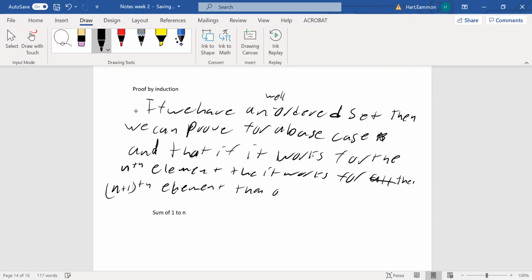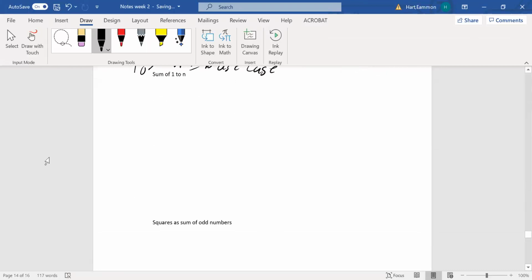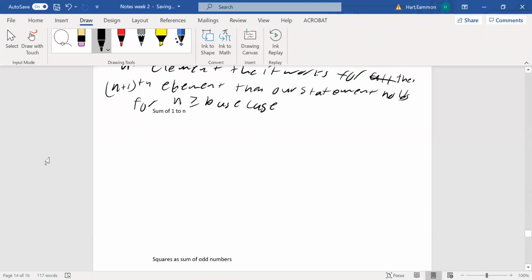And our statement holds for n greater than or equal to our base case. Sometimes we'll have things that start at 1 or 2 or 0, they don't have to start at our first number. But once we prove our base case, and then prove what's called our inductive step, we show that it works for everything up to infinity, or for all of the subsequent steps.